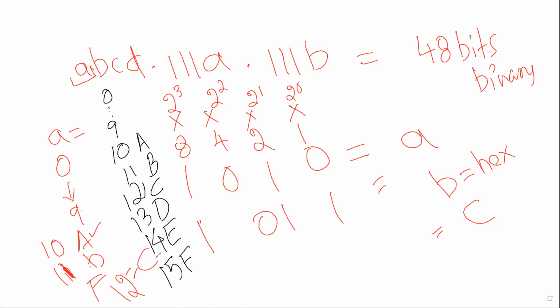So C means 12. When you have a decimal 12, you need to know the binary. To get decimal 12, you turn on 8 plus 4, which is 12. Then 0, 0. So 1, 1, 0, 0 is the outcome for C. This is the way we address the binary value when you have a decimal or a hexa.